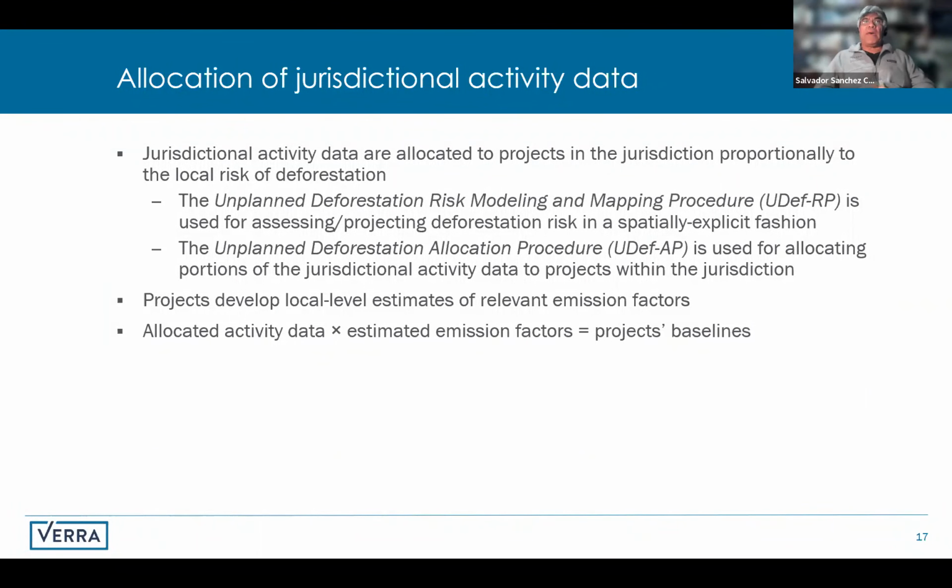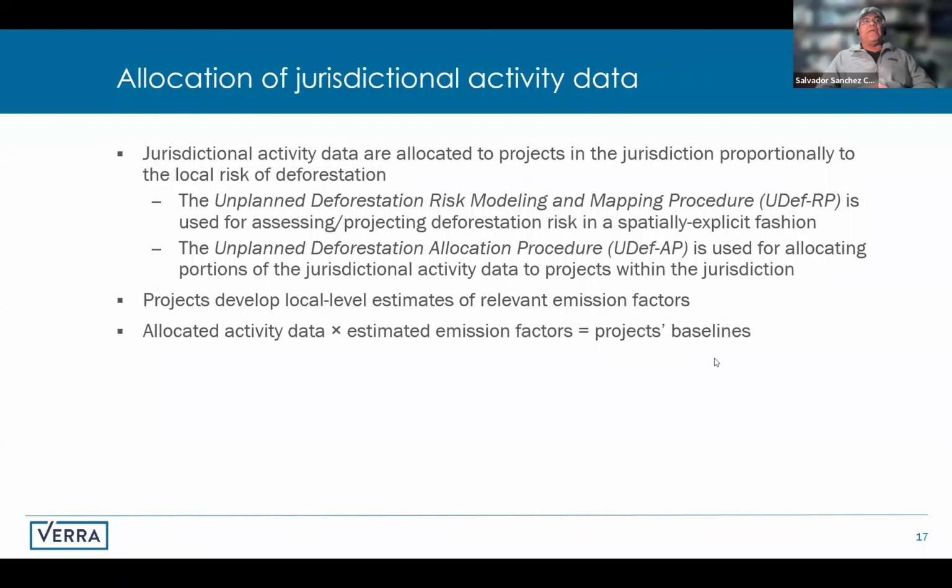First, we have a procedure for modeling, in a spatially explicit fashion, the risk of deforestation across the entire jurisdiction, and then based on the deforestation risk map that results from this procedure, the allocation procedure is used for allocating portions of the jurisdictional activity data to the project area in direct proportion to the deforestation risk within the project area.